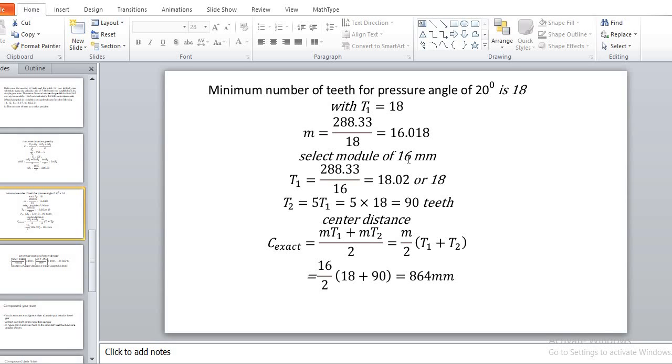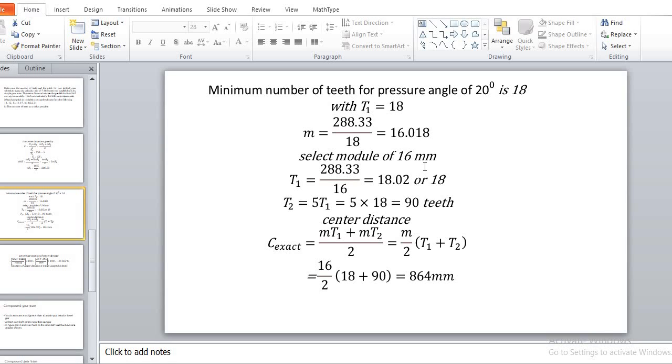Again with this 16 mm module value, T1 changes to 18.02. Teeth should be a whole number, so it should be 18. T2 will now become 90 teeth.